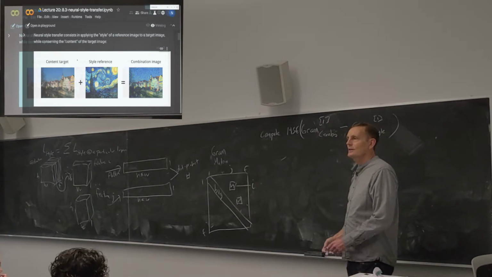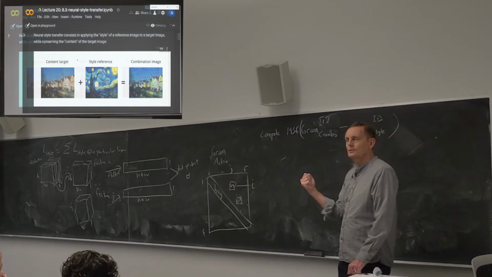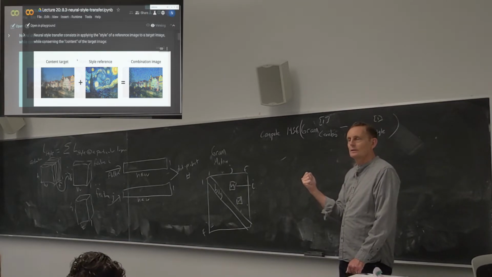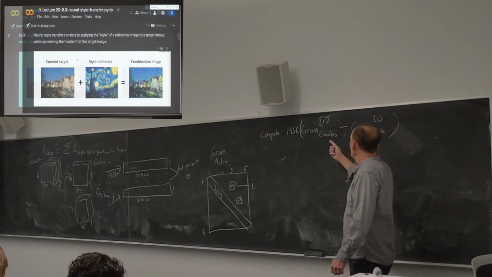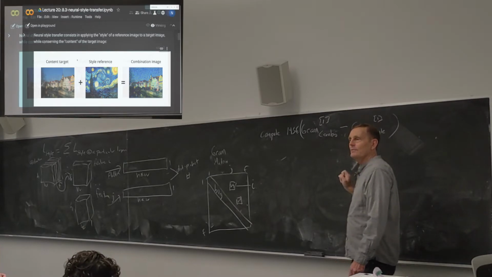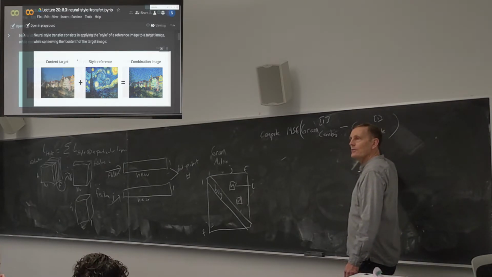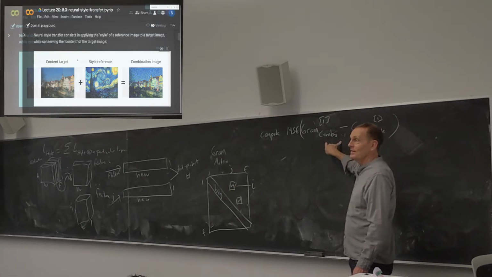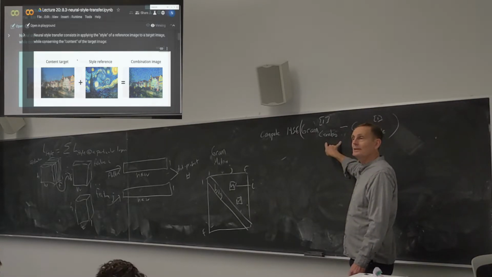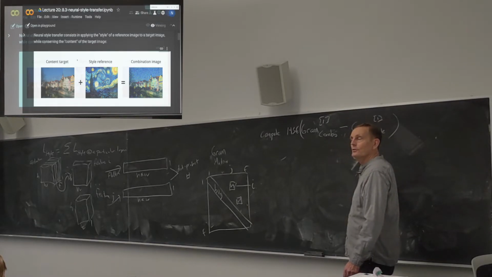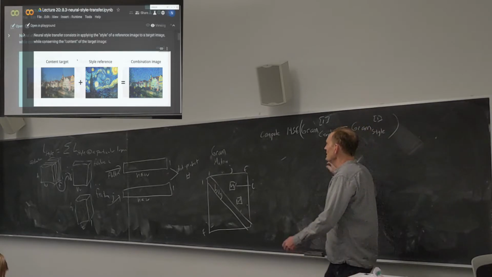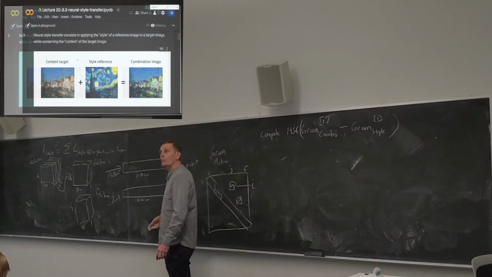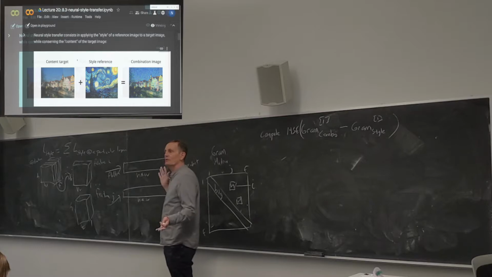So this tells us, for the very finest level details, how does the combination match the style? If this one has red horizontal lines, then the loss will be less if this one has red horizontal lines. Do we care where the red horizontal lines are occurring, though? This doesn't measure where it occurs at all, because we just flattened it out and did our dot product, and we completely lost our spatial information.